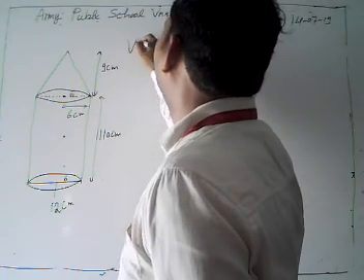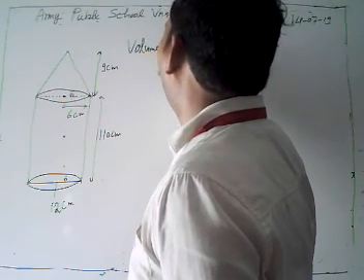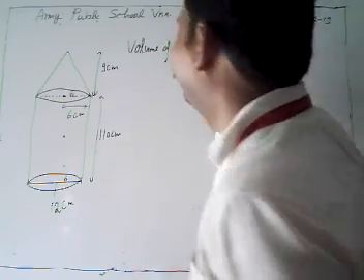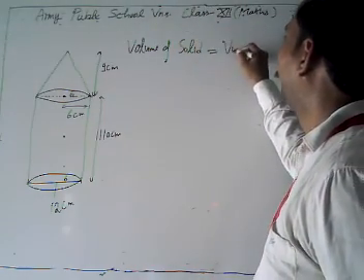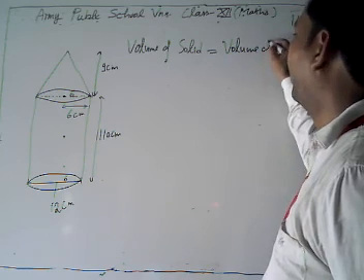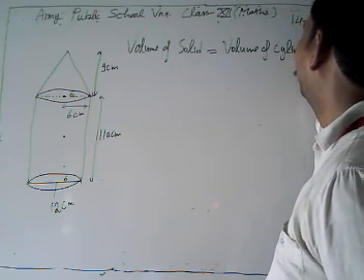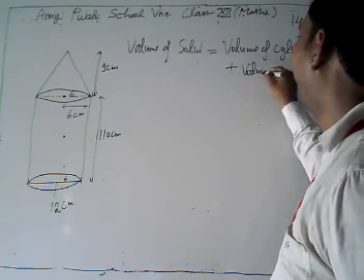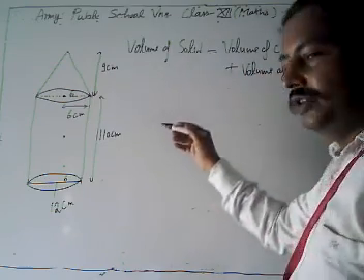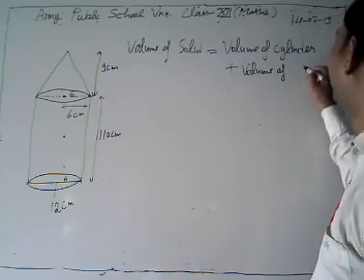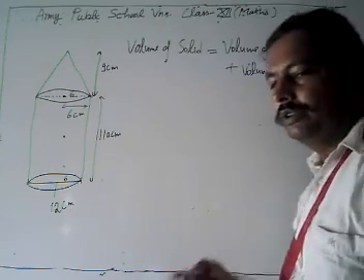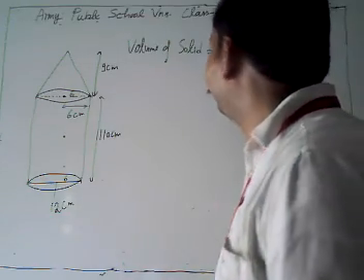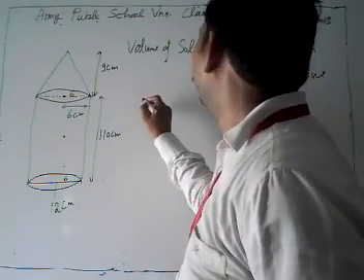Look, our volume of solid is given by the volume of cylinder plus the volume of cone. Now what is our volume of cylinder?